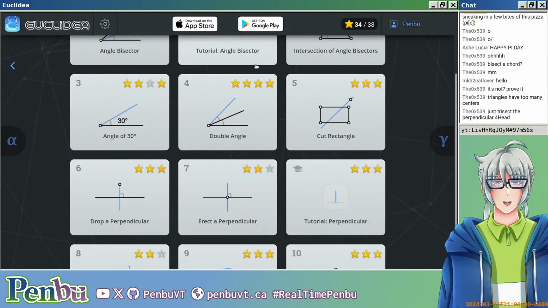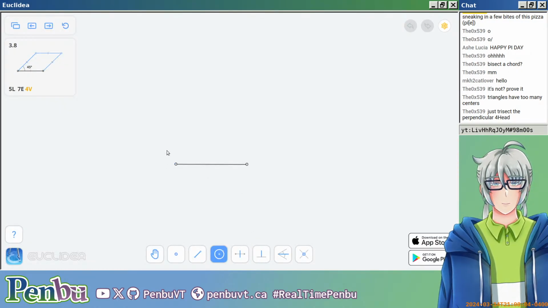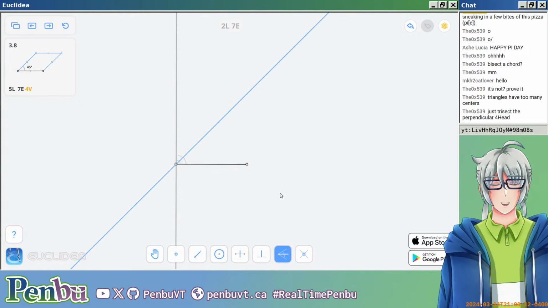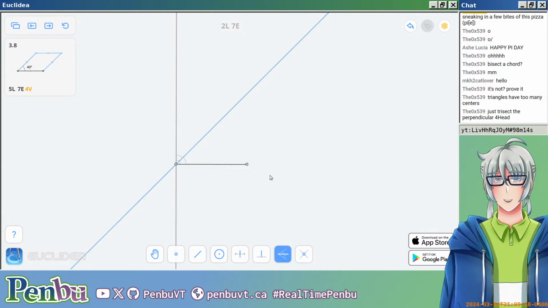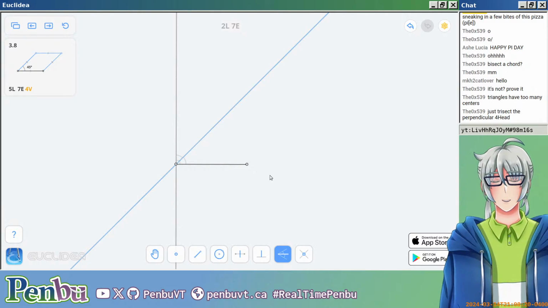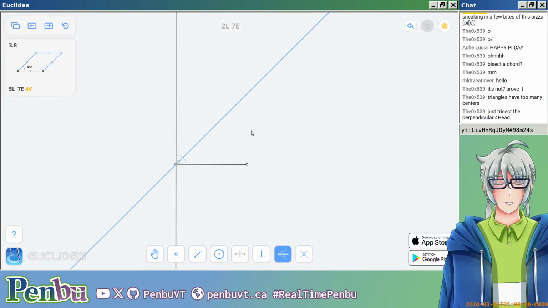So if we apply the same thing to the other one, if we drop perpendicular here, and then bisect this angle, that gets us 45. Actually, no, that doesn't work because double of 45 is 90 degrees, and that's not what we want. Also, we have no angle on this side anyway.